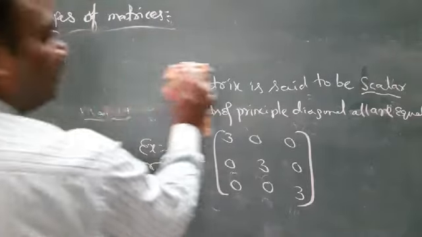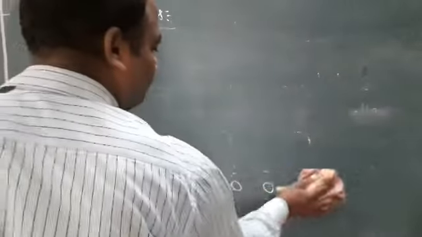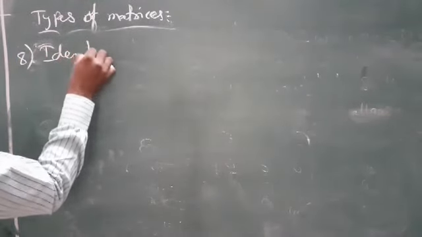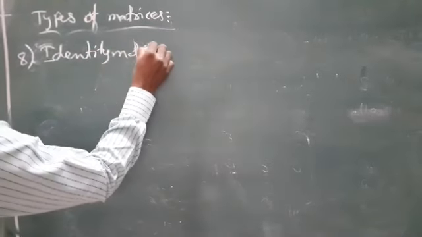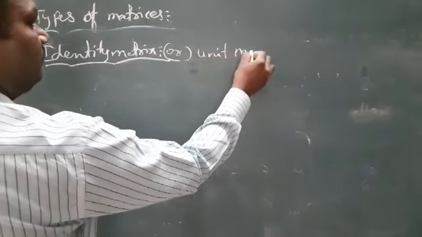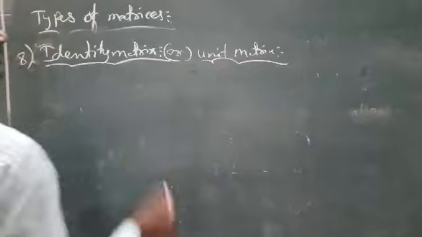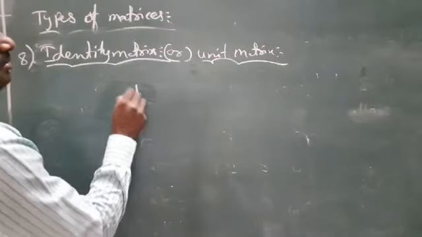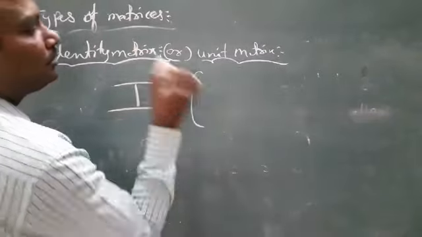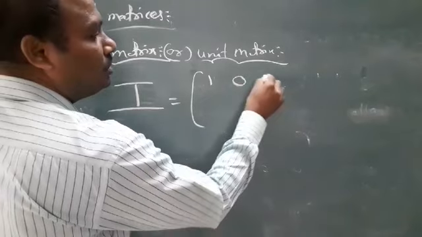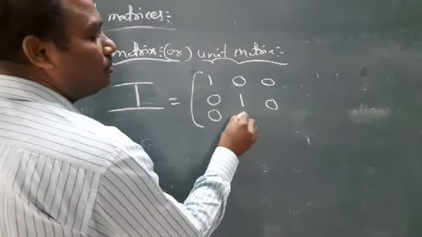Next, identity matrix or unit matrix. The unit matrix is denoted by I, where the principal diagonal elements are equal to 1: 1 0 0, 0 1 0, 0 0 1.